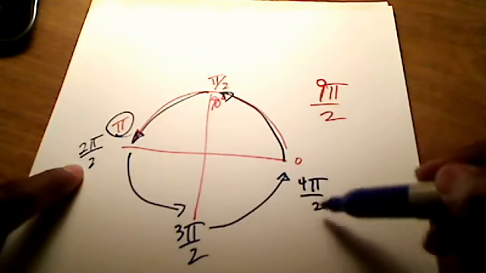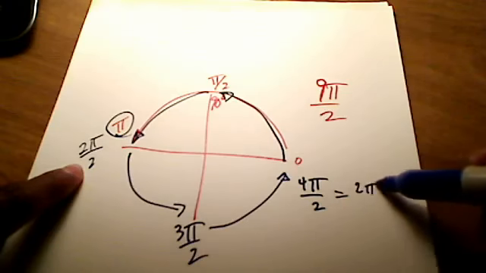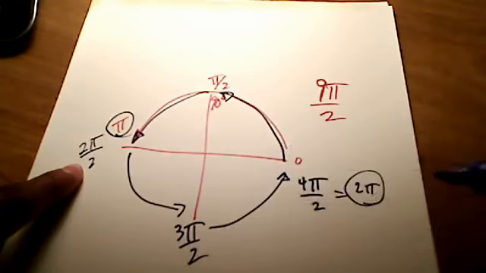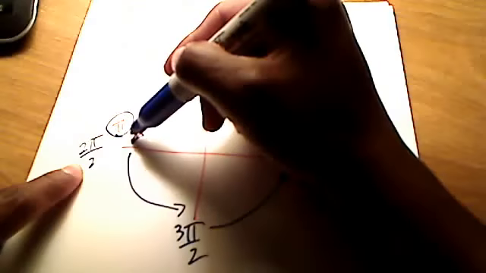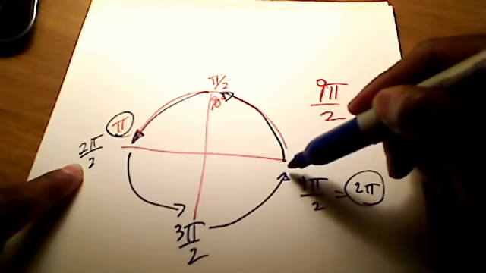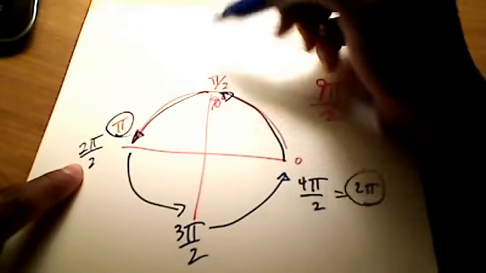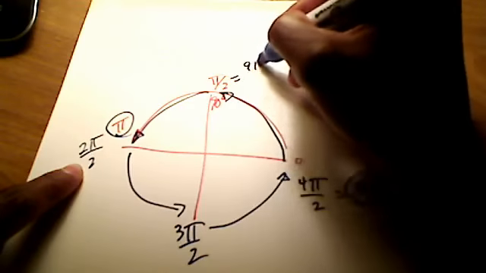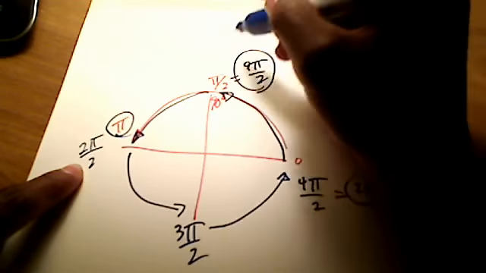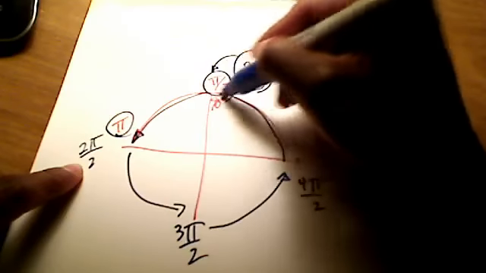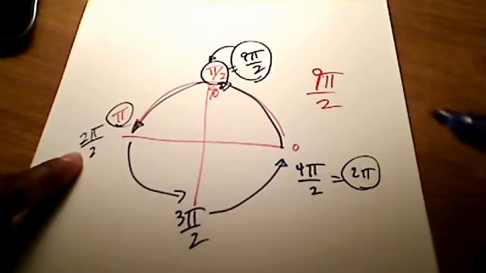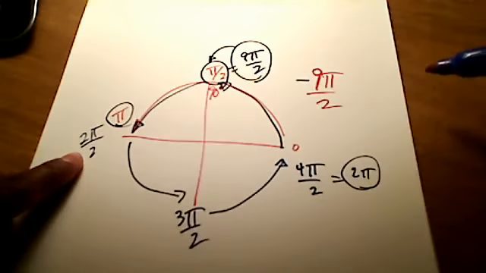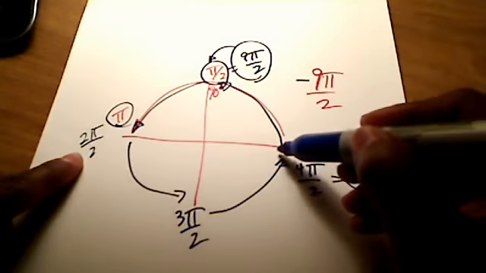But you know that 4 pi over 2 simplifies down to just 2 pi, and 2 pi is just one full rotation. Well, let's keep going. This is 5 pi over 2, 6 pi over 2, 7 pi over 2, 8 pi over 2, 9 pi over 2. Oh, so 9 pi over 2 is really the exact same radian as pi over 2. And I hope you see that if I went in the opposite direction, negative 9 pi over 2, I would just go in the opposite direction.